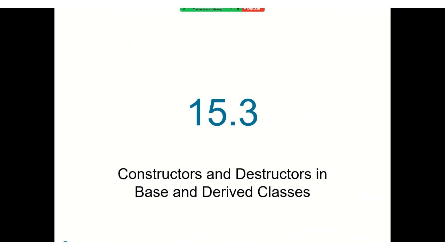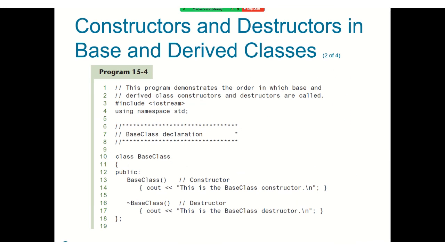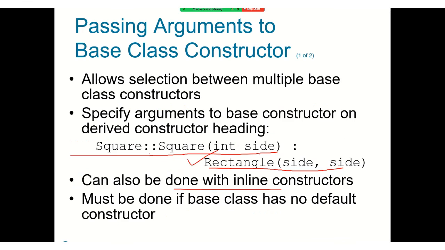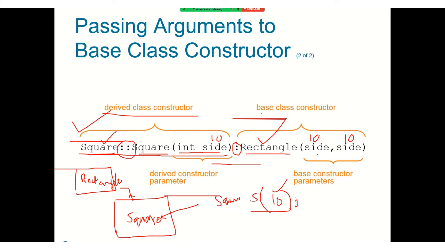Then we talked about constructors and destructors. How do we define them? In that respect, this was a very good example where we use the base class constructor in the derived class constructor.